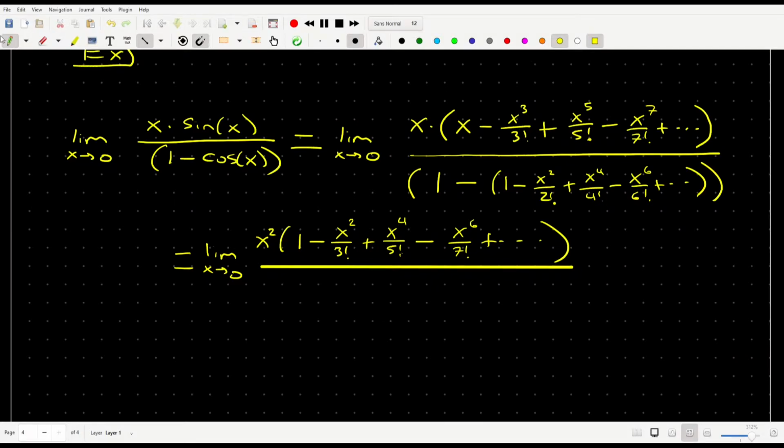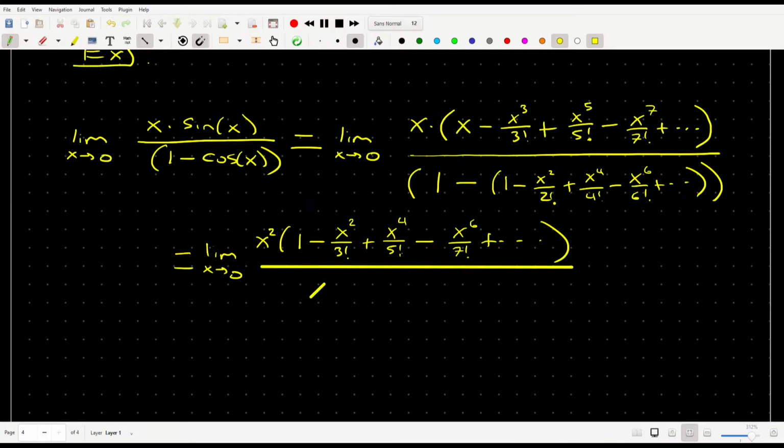And this is going to be divided by, well, first off, 1 minus 1 is 0, and this negative sign will distribute through and turn this into positive, this into negative, this into positive, this into negative, and so on and so forth. And lastly, we can factor out an x squared from each one of the remaining terms in this series.